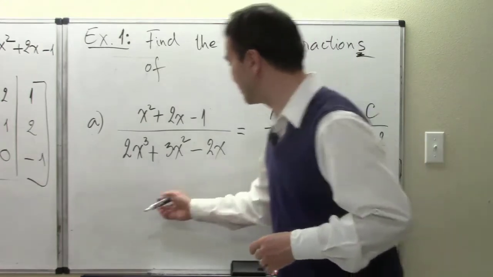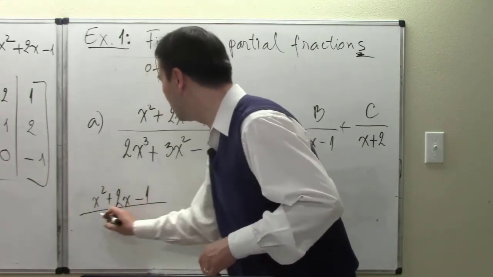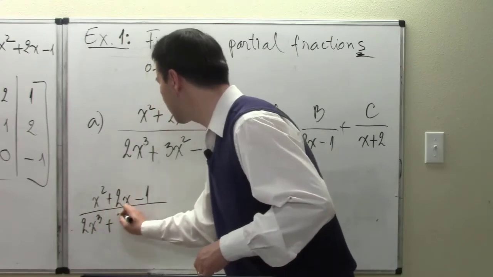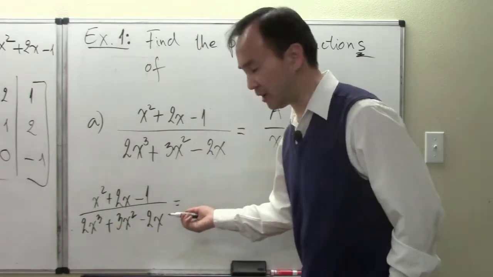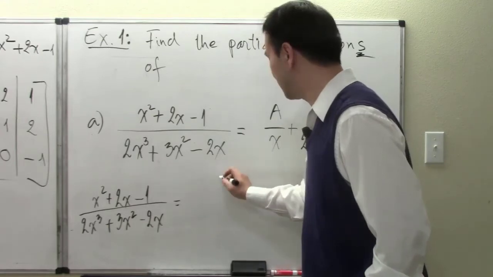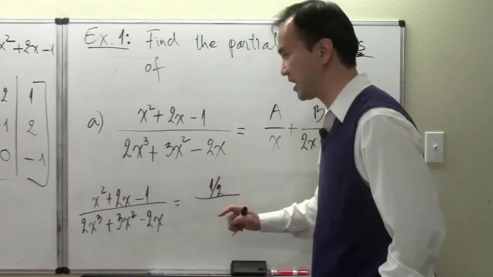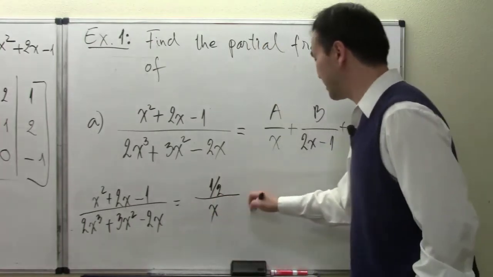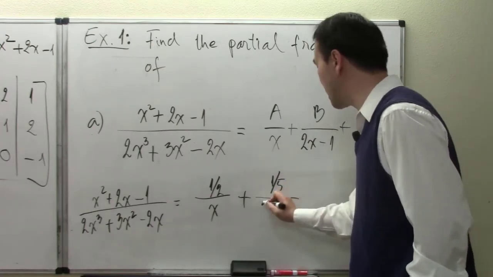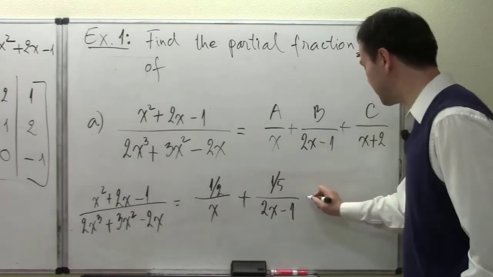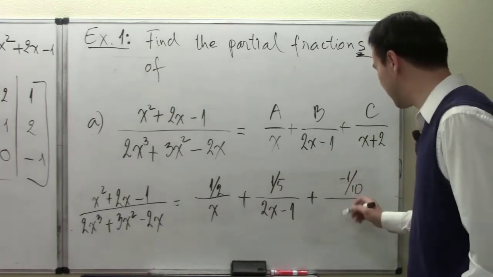So now I can say that (x squared plus 2x minus 1) over (2x cubed plus 3x squared minus 2x), after partial fraction decomposition, gives us the following: 1/2, substituted for A, over x, and then the B value was 1/5, so plus 1/5 over (2x minus 1), and then the C value is negative 1/10, so plus a negative 1/10 over (x plus 2).